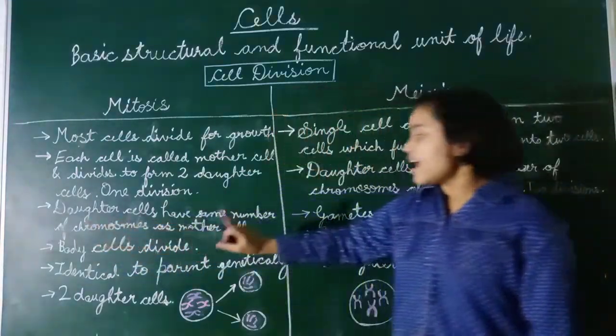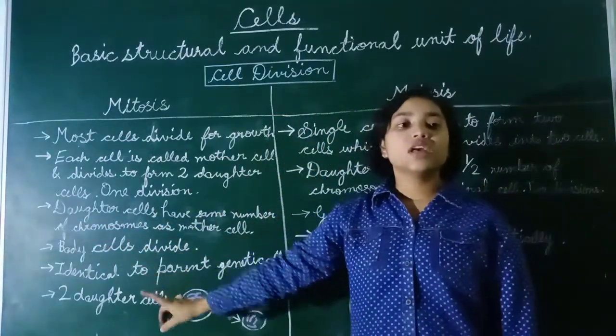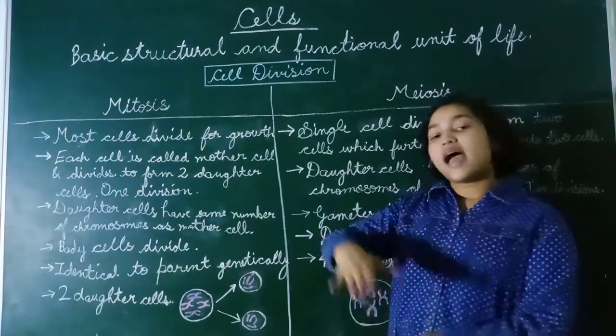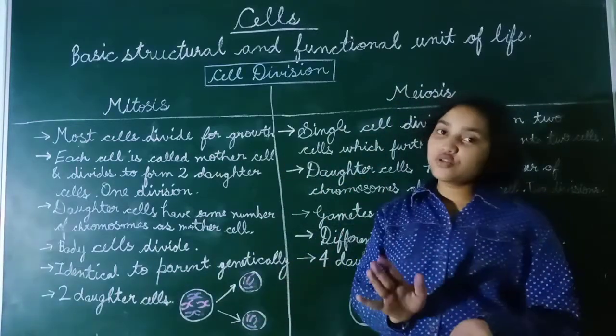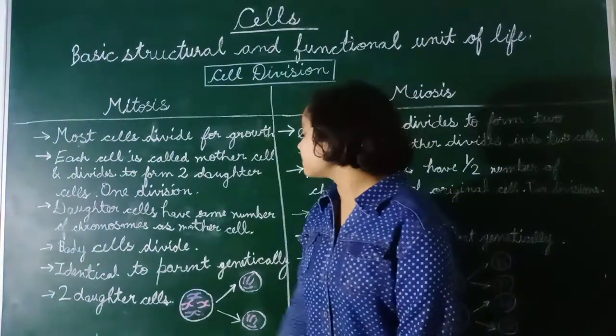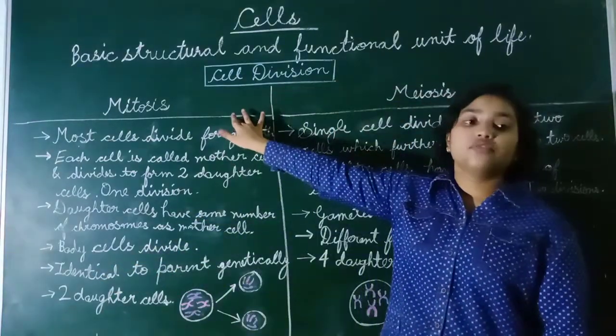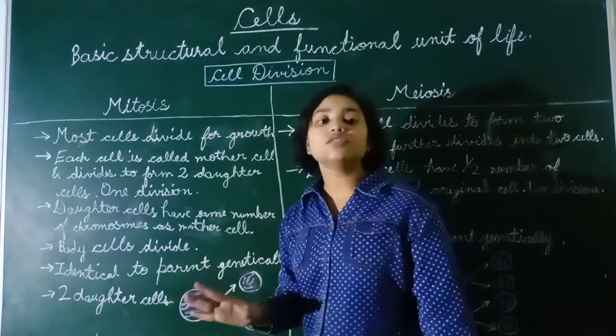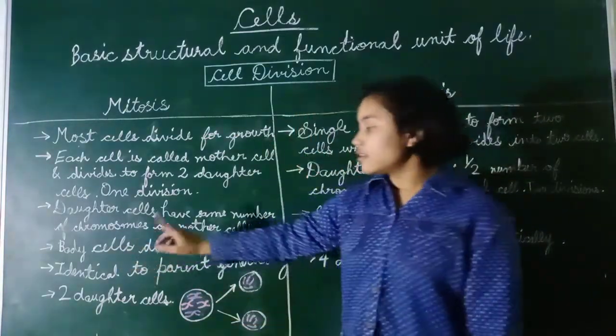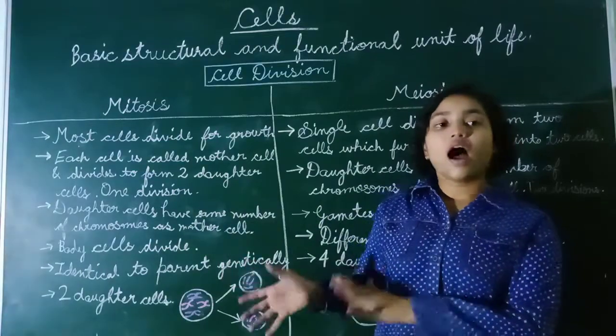The daughter cells have the same number of chromosomes as the mother cell. In mitosis, the body cells are divided.